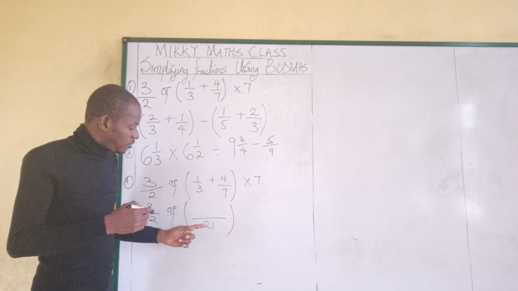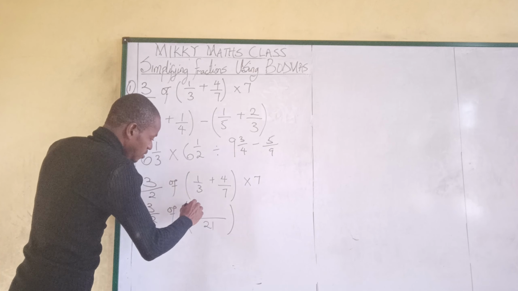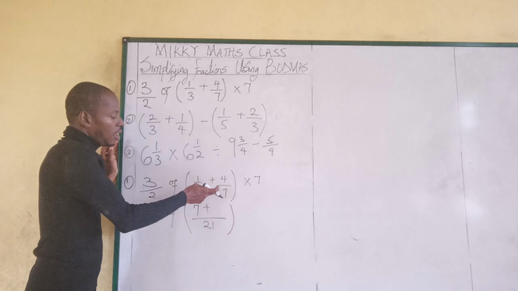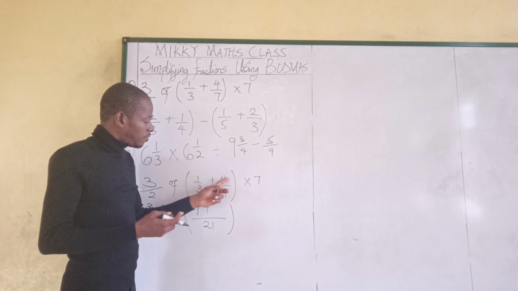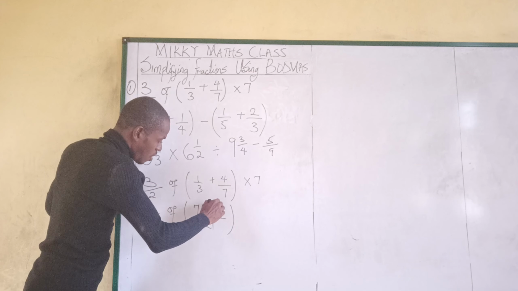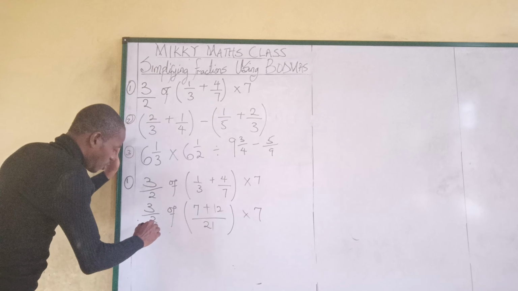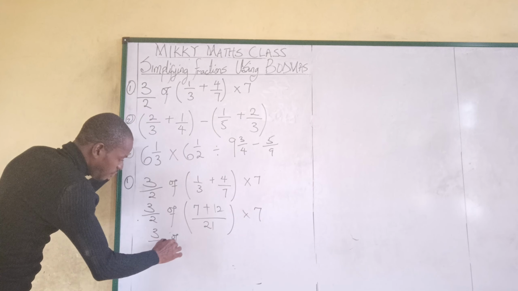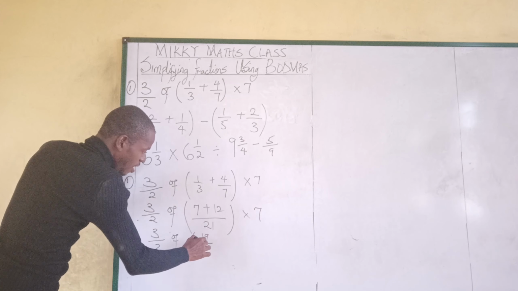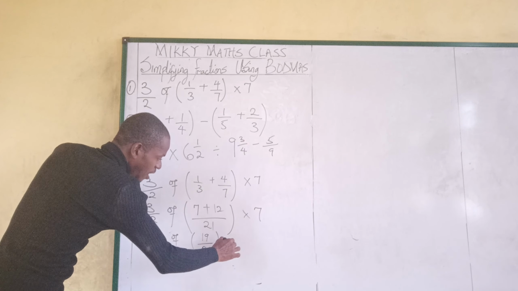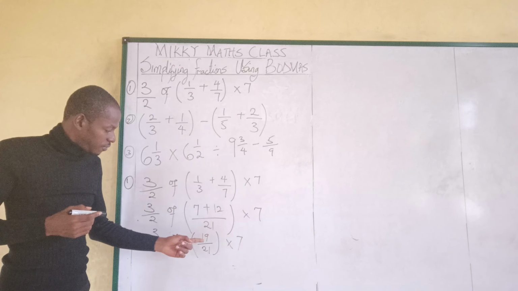Now, how many 3 do we see in 21? 7. 7 times 1 is 7, plus, how many 7 do we see in 21? 3. 3 times 4 is what? 12. Now, this becomes 3 over 2 of 19 over 21 times 7, that's 7 plus 12.